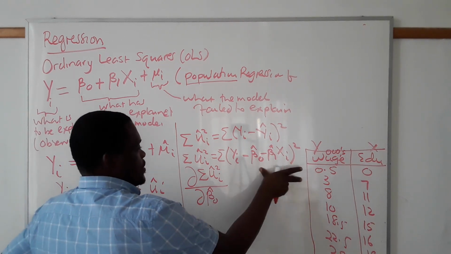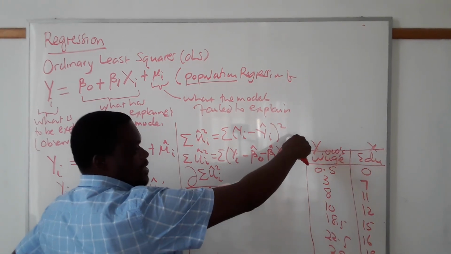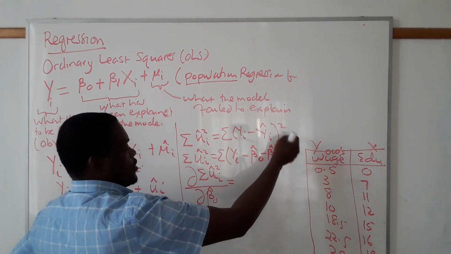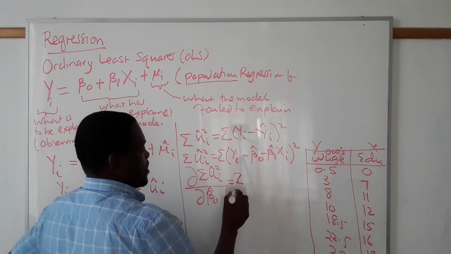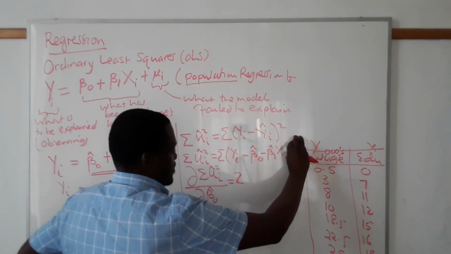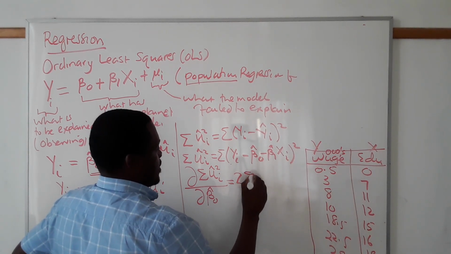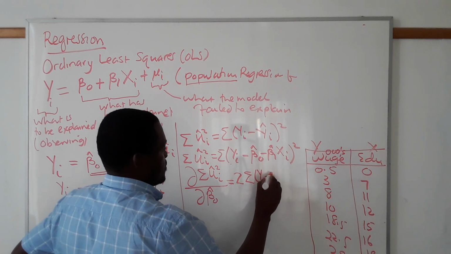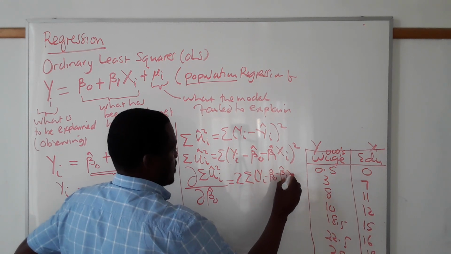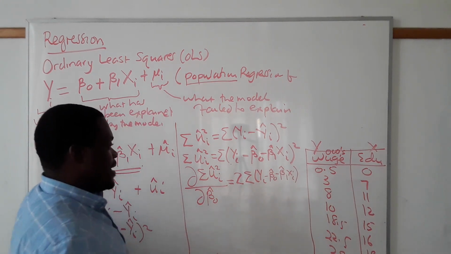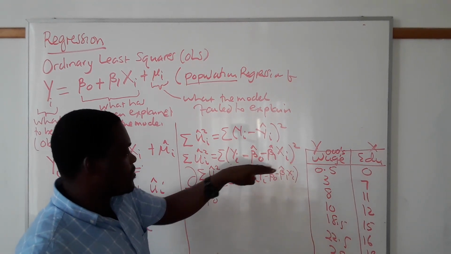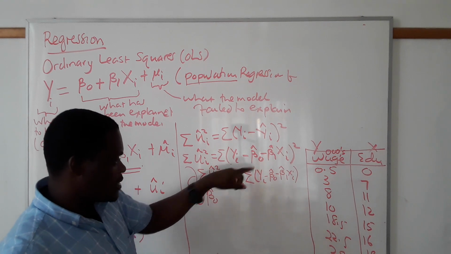Now, because the expression on the right hand side has a power outside, we differentiate the power first. So you bring the power down and multiply it by this entire expression, leaving the power. So that's yi minus beta hat 0 minus beta hat 1 xi. Then next, you differentiate everything in here with respect to beta naught.